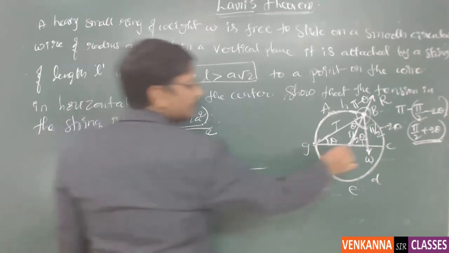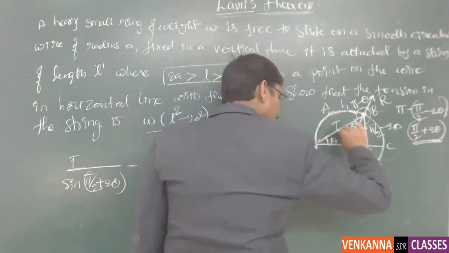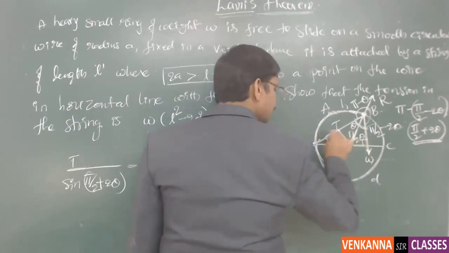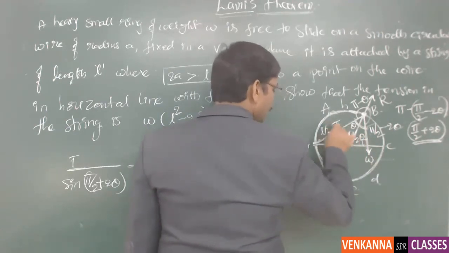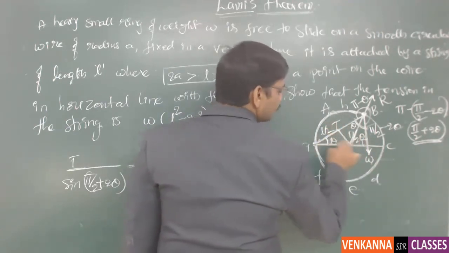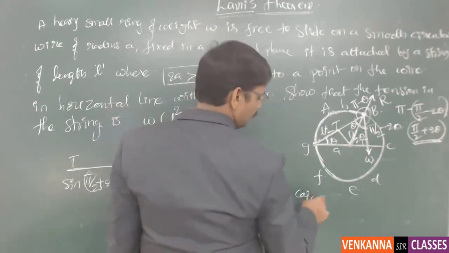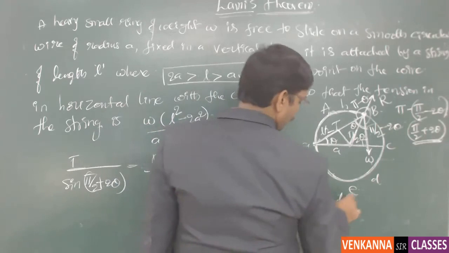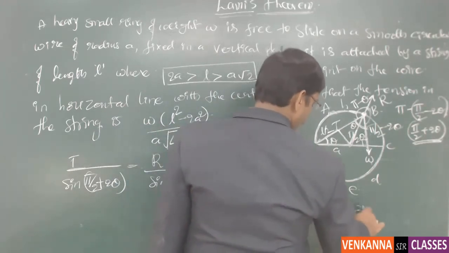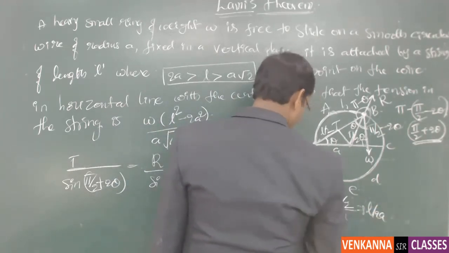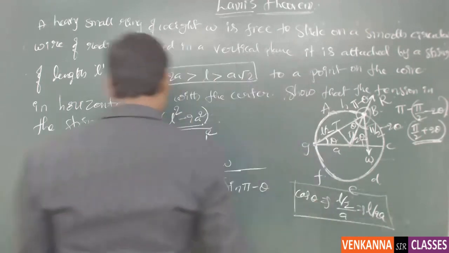Theta you can identify: this length is L by 2, and this is A. So you can express cos theta equal to L by 2 divided by A, or L by 2A is cos theta. This relation you can substitute at the end.